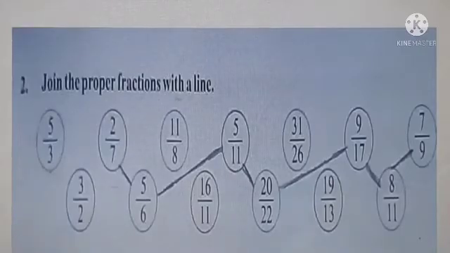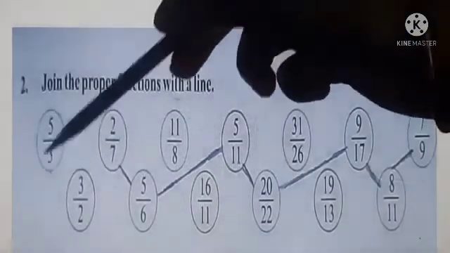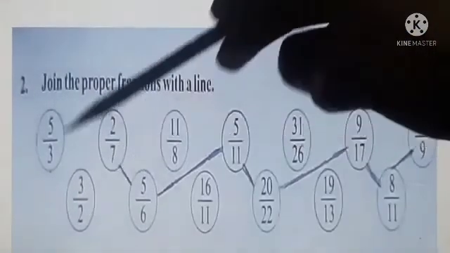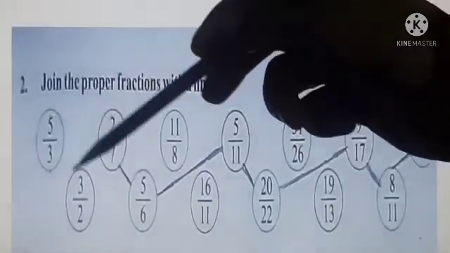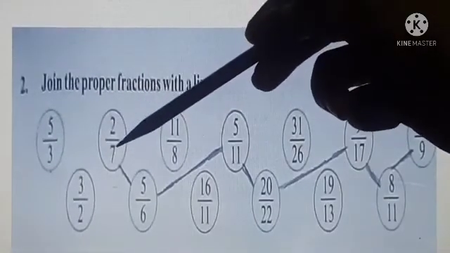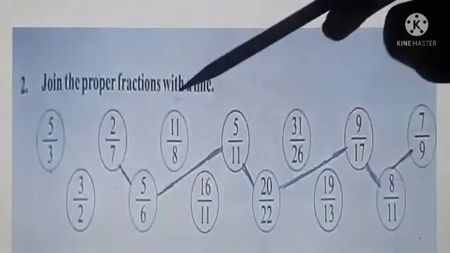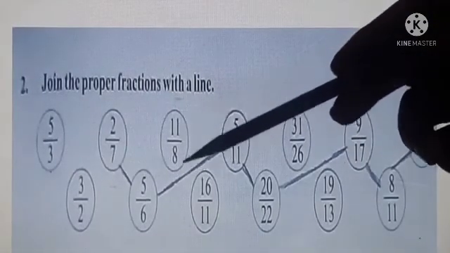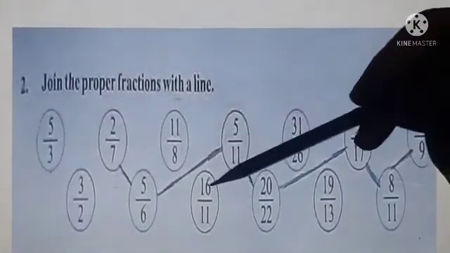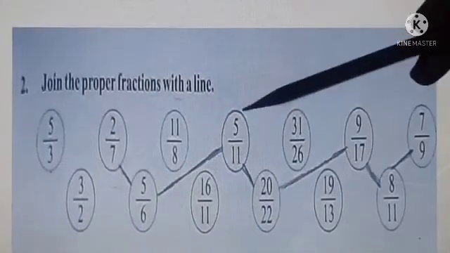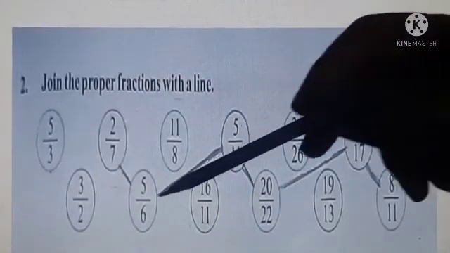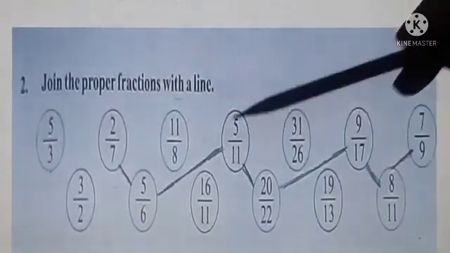Now our question number 2. Join the proper fractions with a line. Fractions are given to us: 5 by 3, it is improper, 3 by 2, improper because numerators are greater. No? 2 by 7, proper fraction, 5 by 6, proper, so we have joined it with a line. Then 11 by 8, it is improper, so we will leave. 16 upon 11, improper, we will leave. 5 upon 11, proper, so we will join.